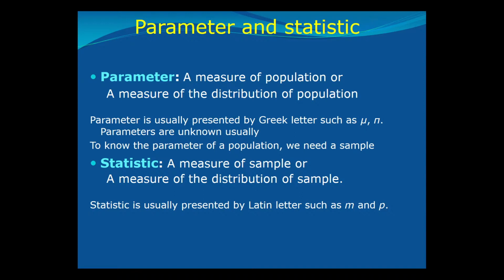Statistics concerns the sample, and it is a measure of sample or a measure of the distribution of sample. Statistics are usually presented by Latin letters such as m, p, and so on. So if you see Greek letters in statistical papers, this concerns the population. If you see Latin letters, it concerns the sample.